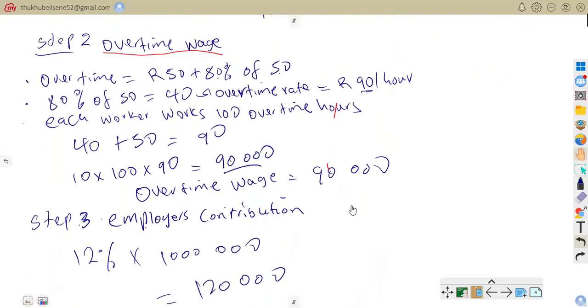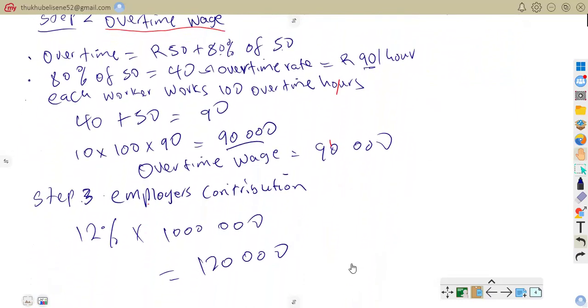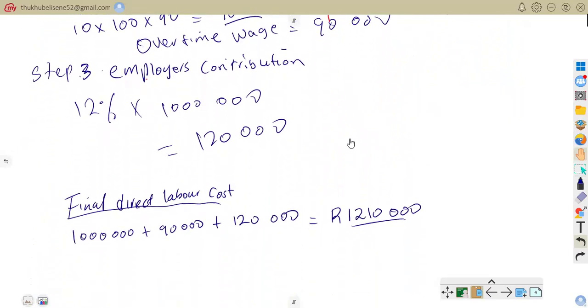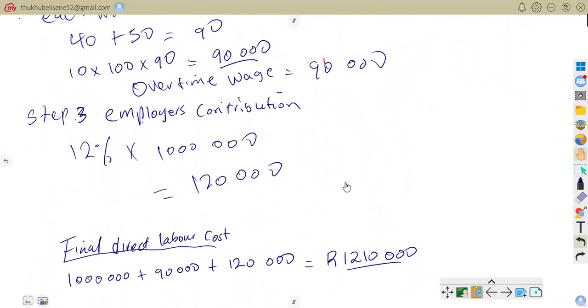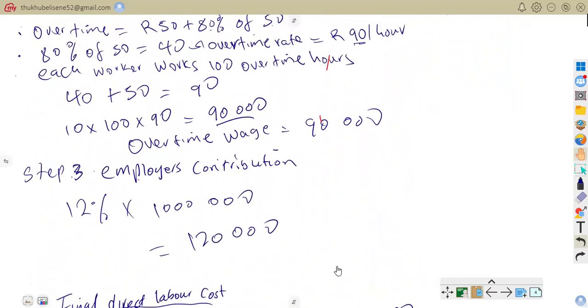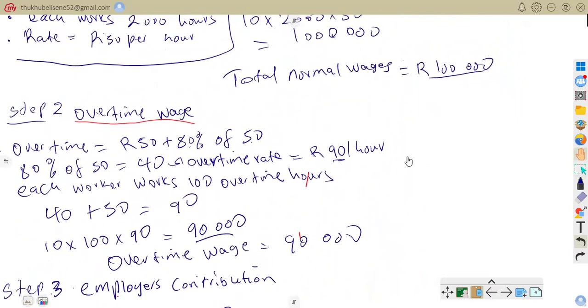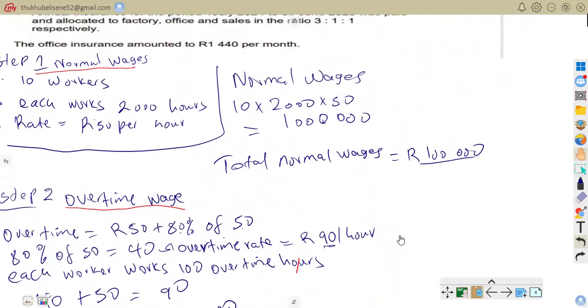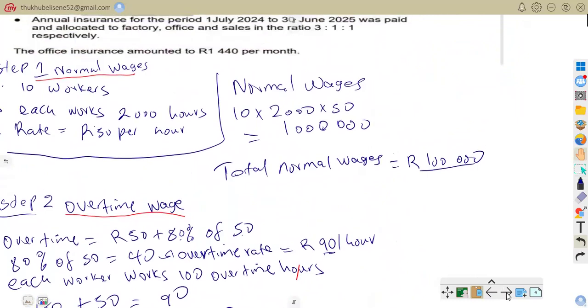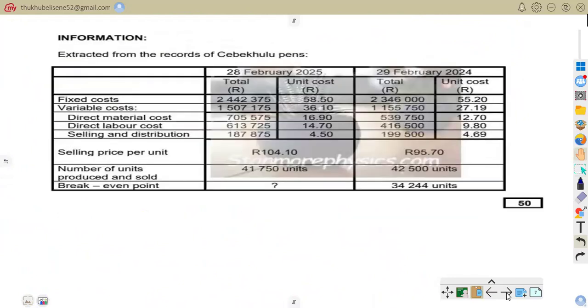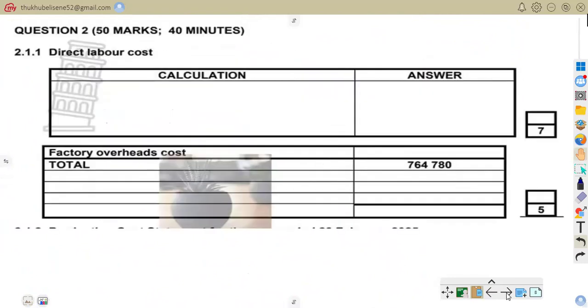Then in step 3, we calculated employer's contribution, and our final direct labor cost is 1,210,000. So now we can write it neatly in our answer book.